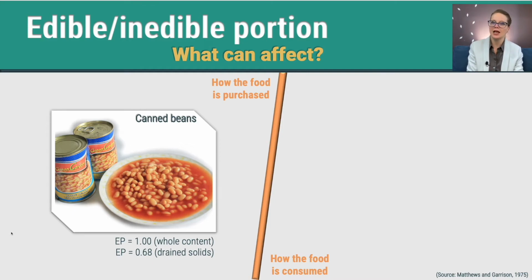So in this case, the edible portion is equal to 1. But if it was canned in liquid, in brine, we could consider that probably this brine would be drained and only the beans would be consumed. So in this case, the edible portion is 0.68.